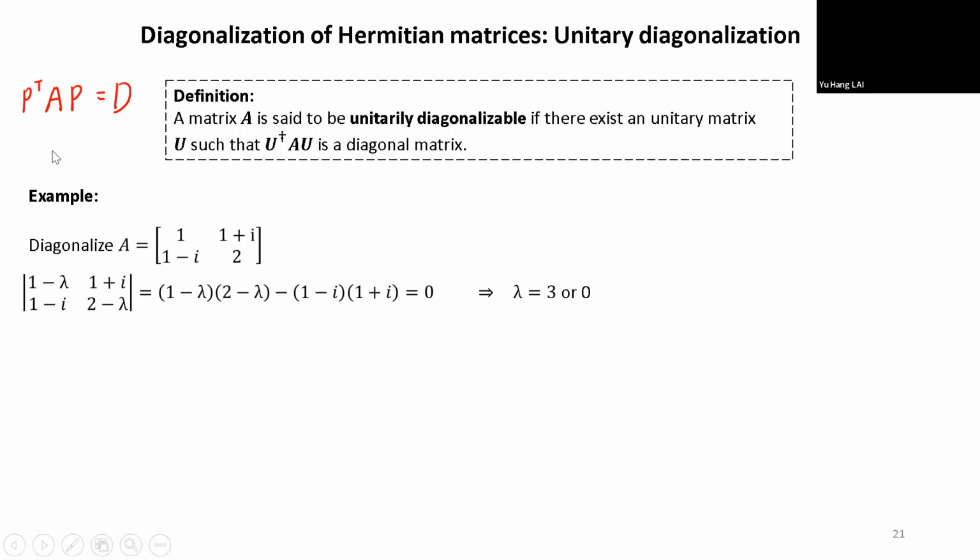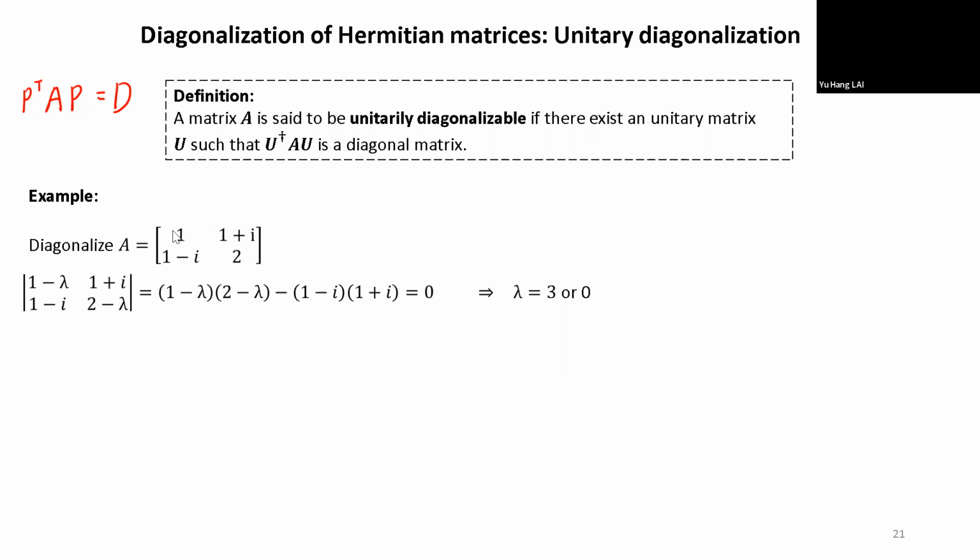Here for the Hermitian matrix, we call that the unitary diagonalization: instead of P transpose A P, here I'm doing U dagger A U. Let's look at one example.